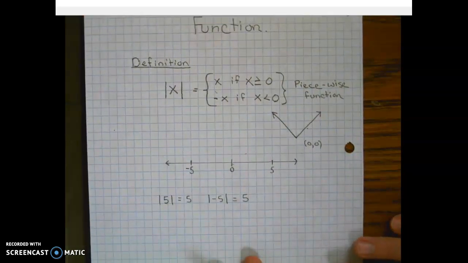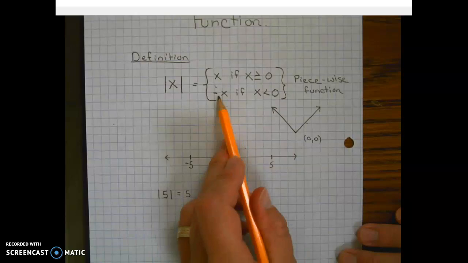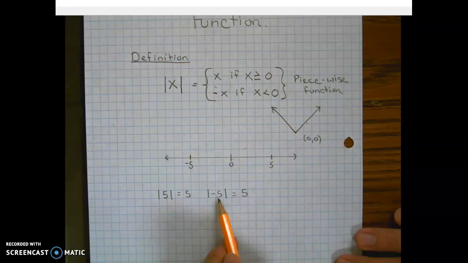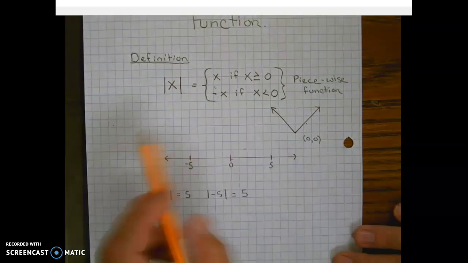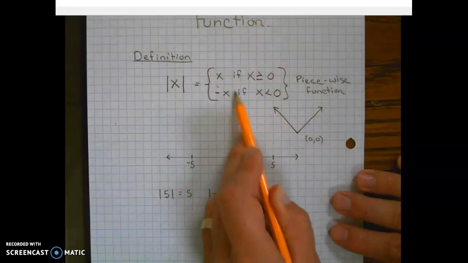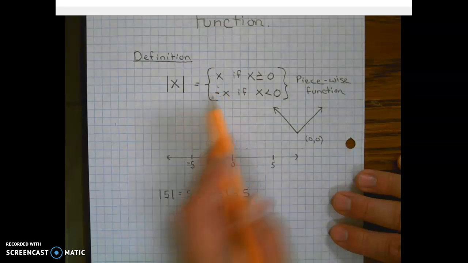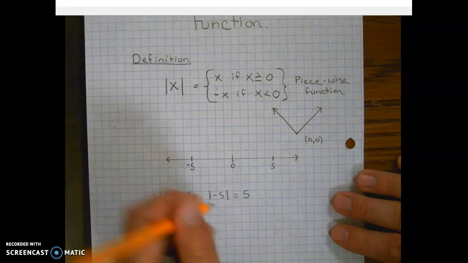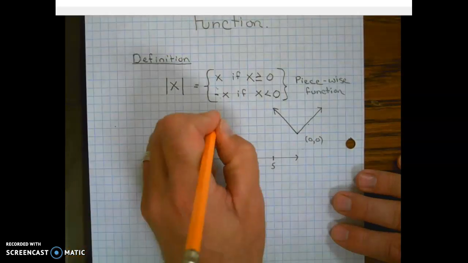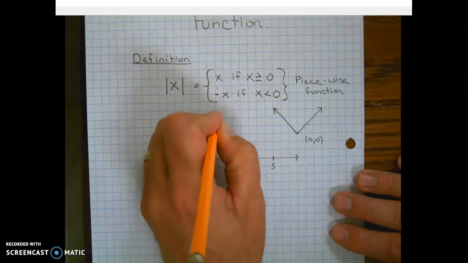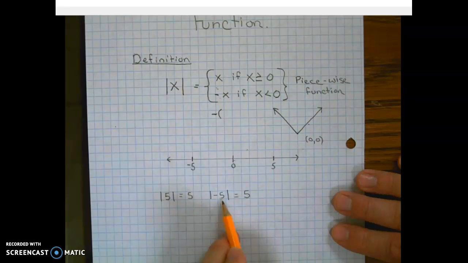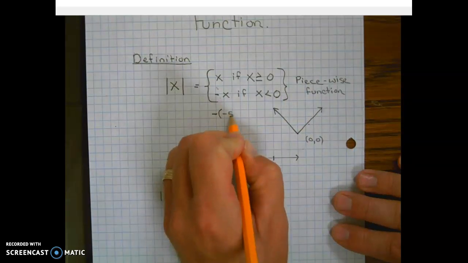Pretty straightforward, right? Okay, so here's the kind of confusing part. If x is negative, for example right here, -5, that is a number that is less than 0. So we're going to use this algorithm right here to determine our answer. So pay very close attention. If x is -5, we're going to use this algorithm right here. So to get the answer, we would have negative, and what did we say x was? -5, right? -(-5).